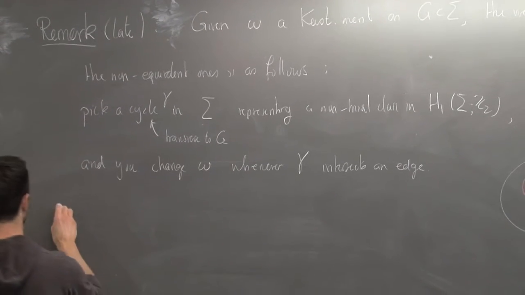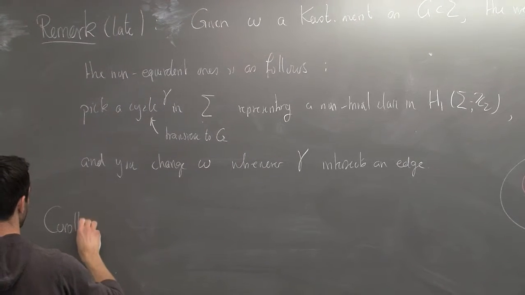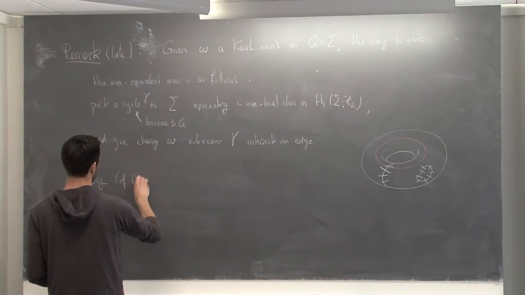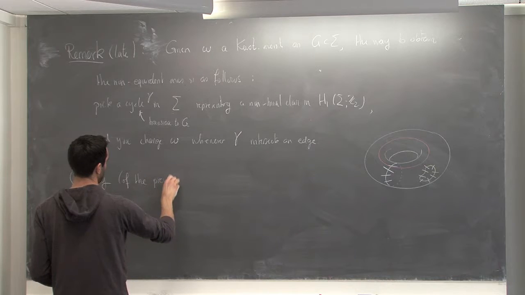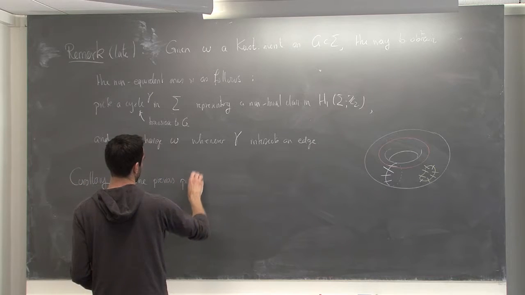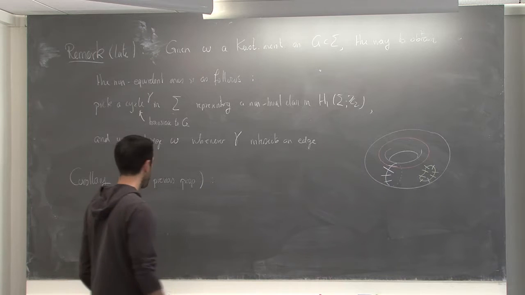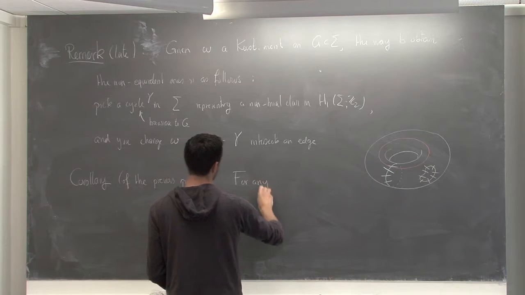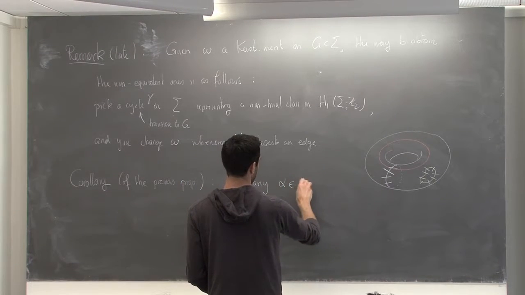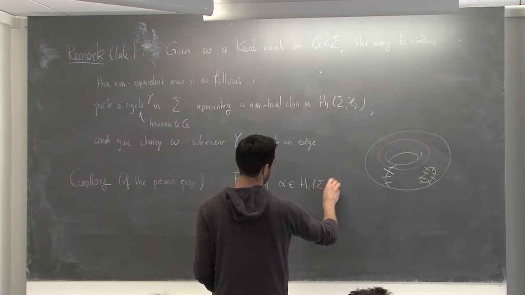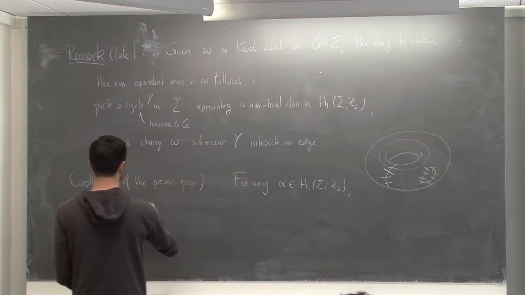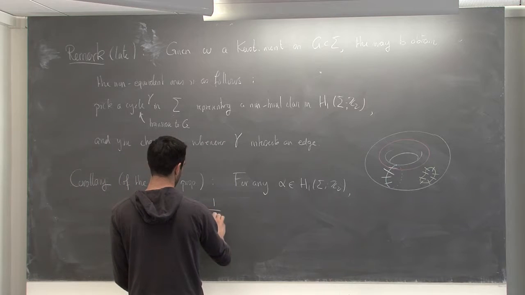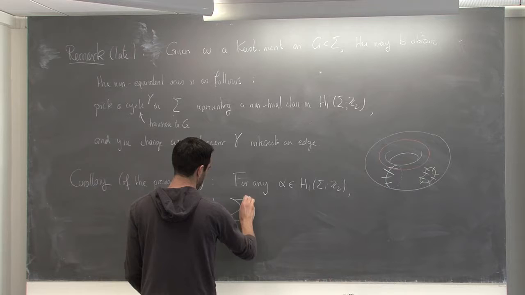And now let me give you a corollary of the previous proposition. The corollary states that for any class alpha, we have the following equality.